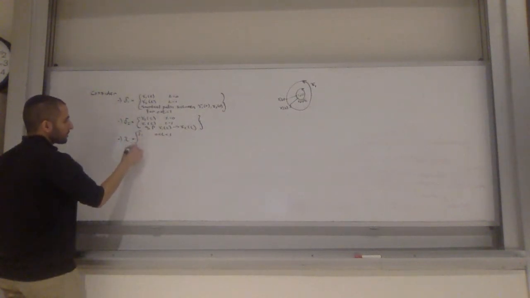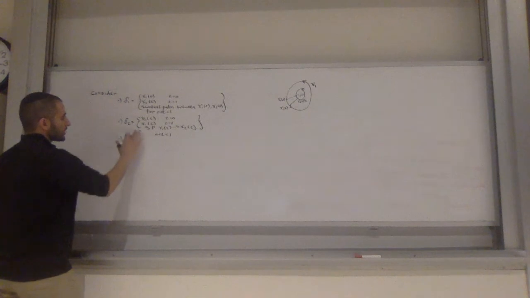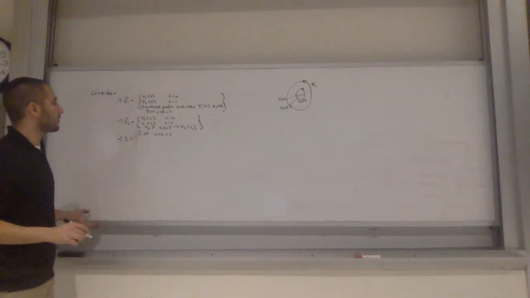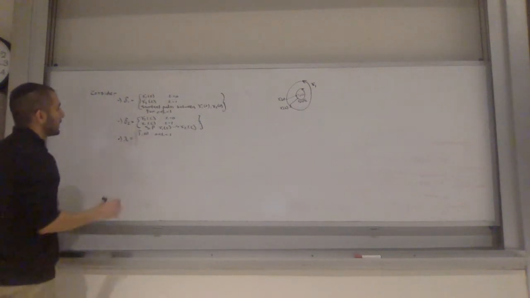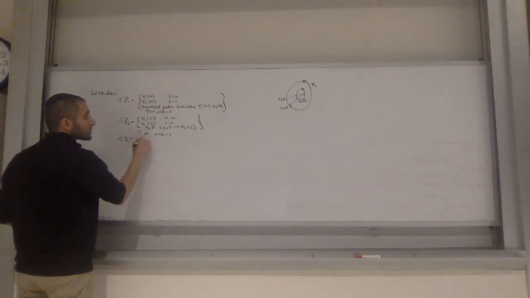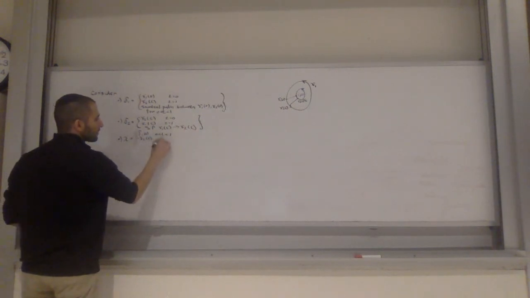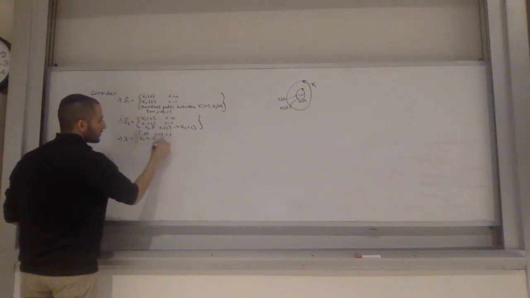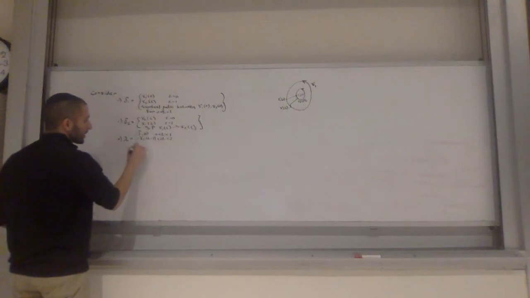Alright, so delta 1 of t between 0 and 1. It will be minus gamma 2 of t, I will say, of t minus 1 for t greater than 1, less than 2, right?